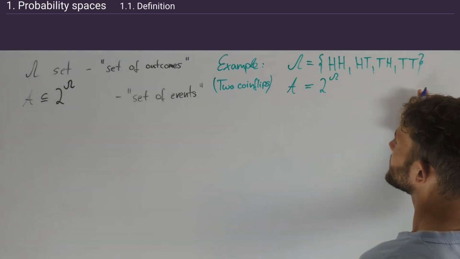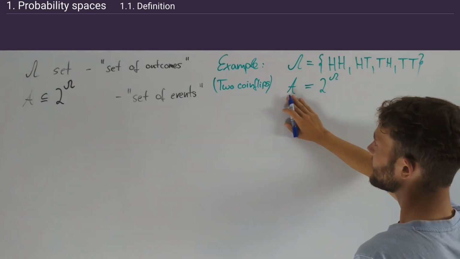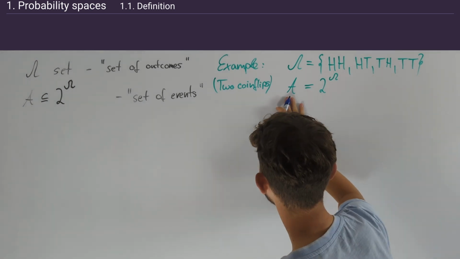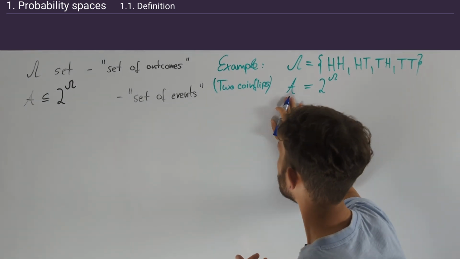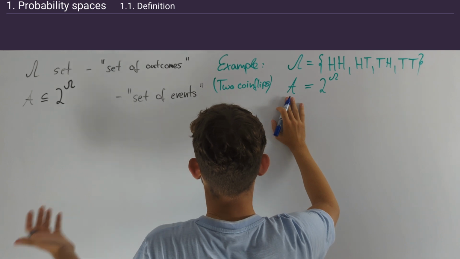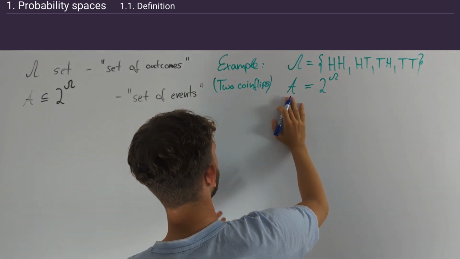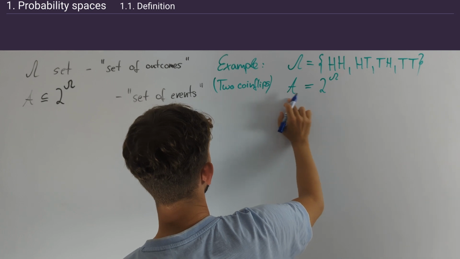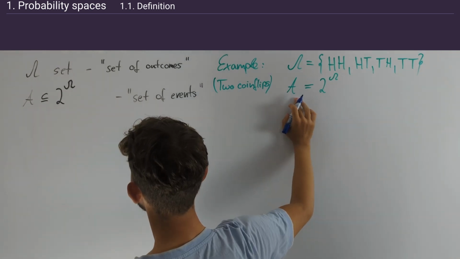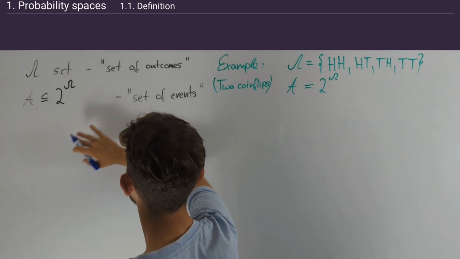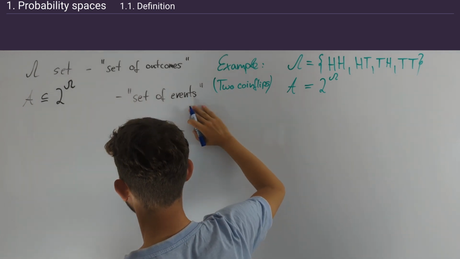To solve this, we will define a function on A that maps each event to its probability. We want to be able to do some algebra with that function, which is where the power of probability theory really comes from. But in order to do this, we need A to have some structure. In other words, we will now make some reasonable assumptions that we enforce our set of events to satisfy.